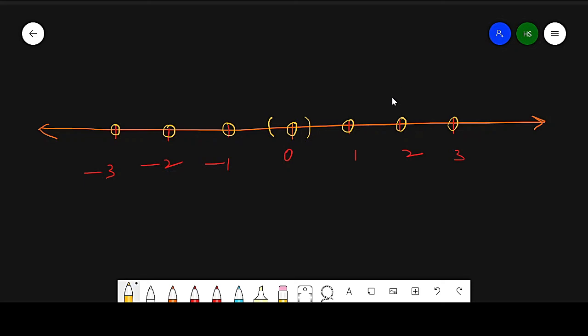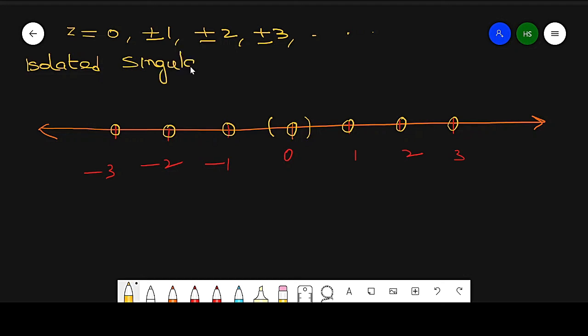So all these points 0, plus minus 1, plus minus 2, plus minus 3, and so on are isolated singular points of the function f(z).